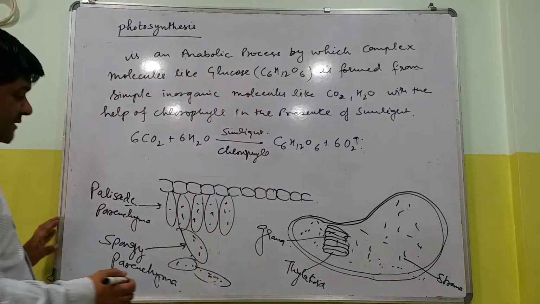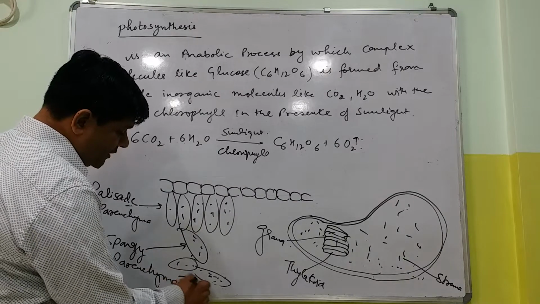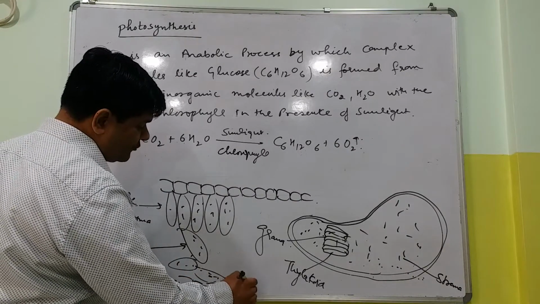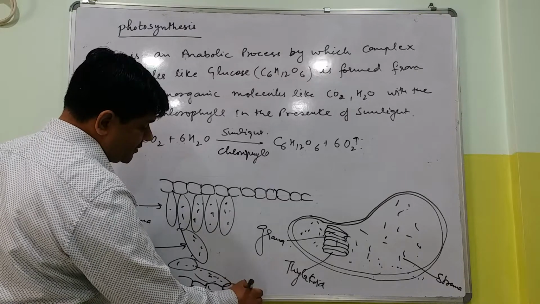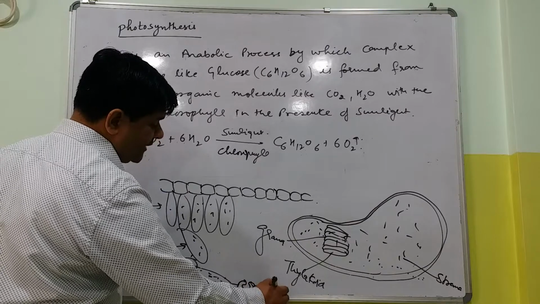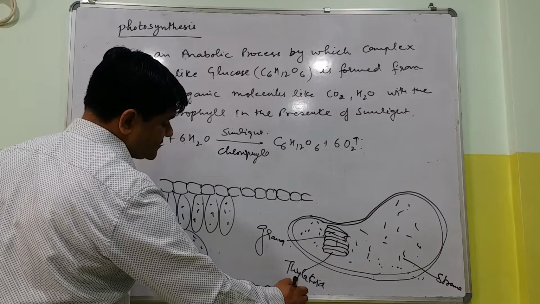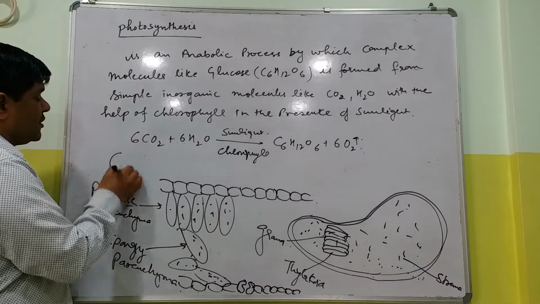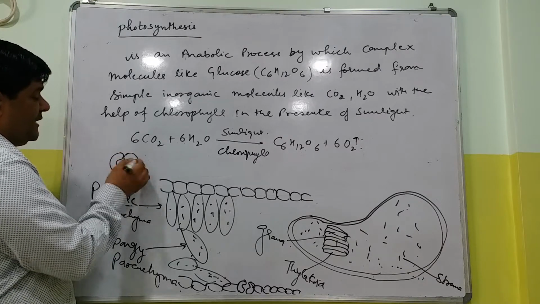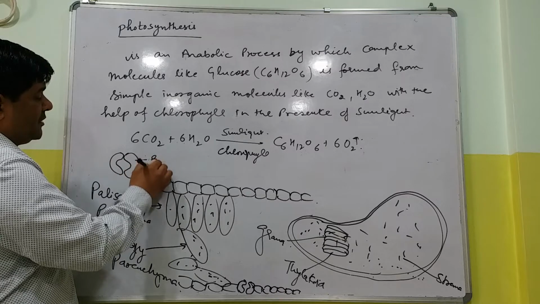So there are also bean-shaped guard cells present in the lower part of the leaf, known as stomata. Stomata help in exchange of gases. Stomata consist of guard cells, or bean-shaped cells.